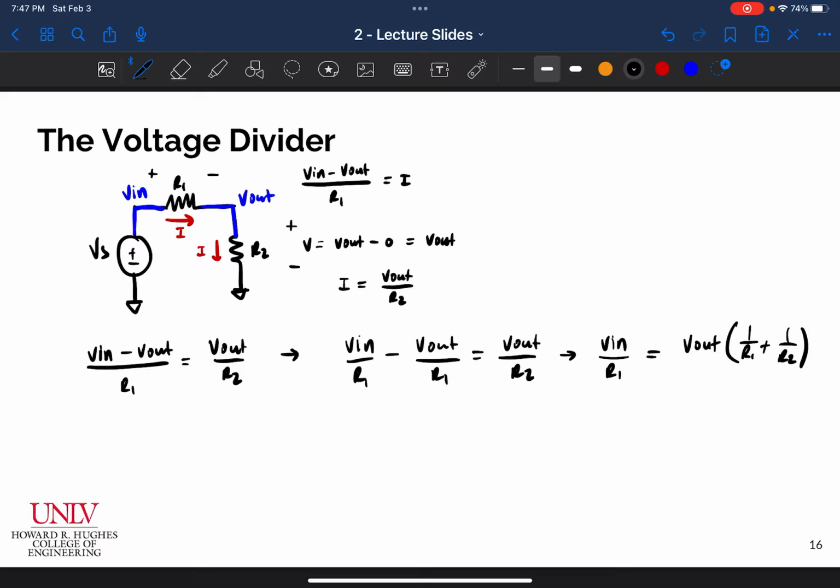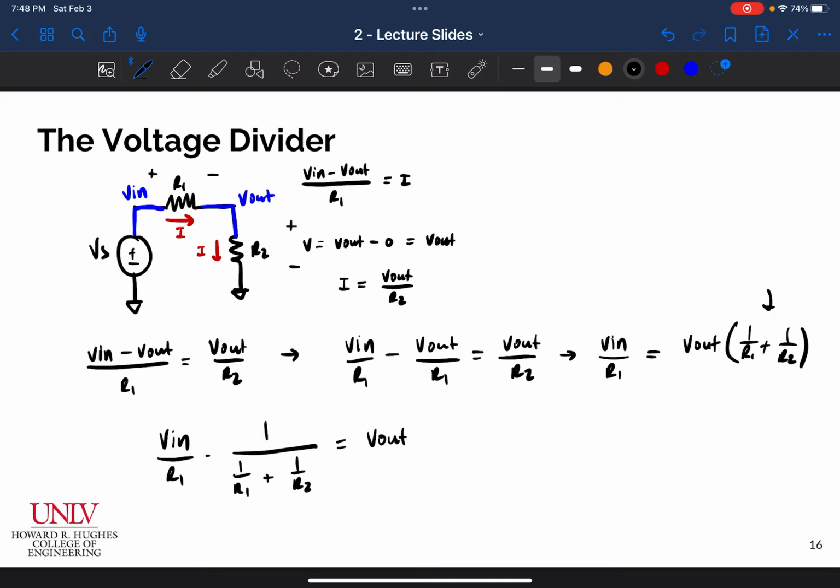And now I'm trying to solve for V out. So I can divide both sides by this big term here so that I get V in over R1 times 1 over R1 plus 1 over R2 is equal to V out.